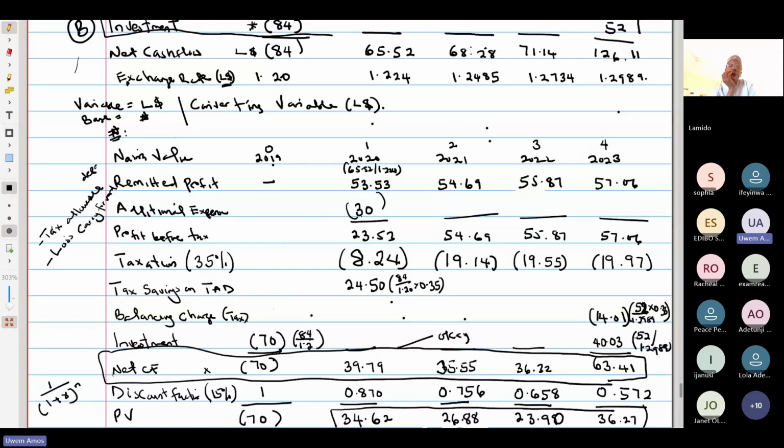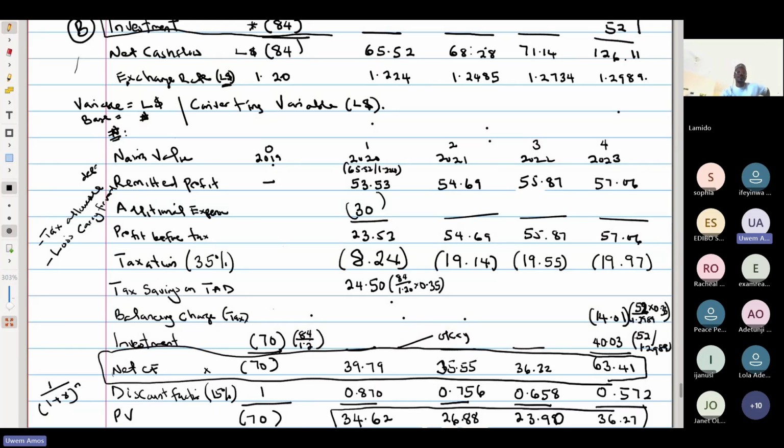This will be your 53.53. This will be 100. So by the time you net it off, minus 53.53 plus 100 will still take you back to the net total at the end of the day. I don't know if that's clear. Do you get that? Yes, sir. So that's the only difference.